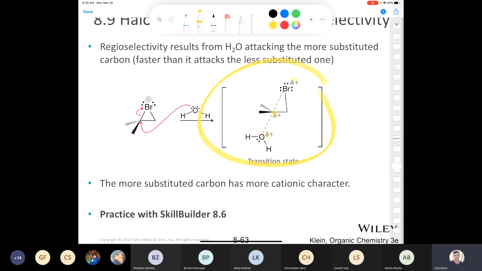Here they've drawn the transition state, and that provides you a rationale. The more substituted carbon is going to be more comfortable having that cationic character. So again, the more substituted carbon is the one that takes the hydroxyl.